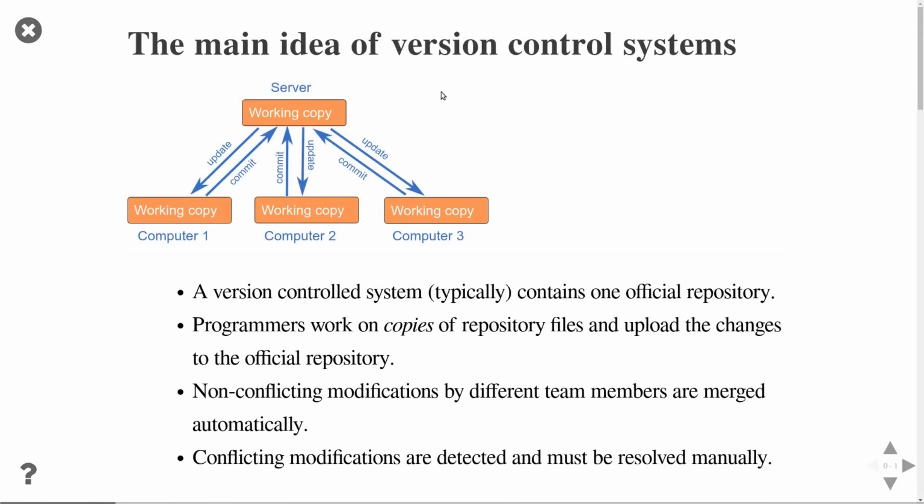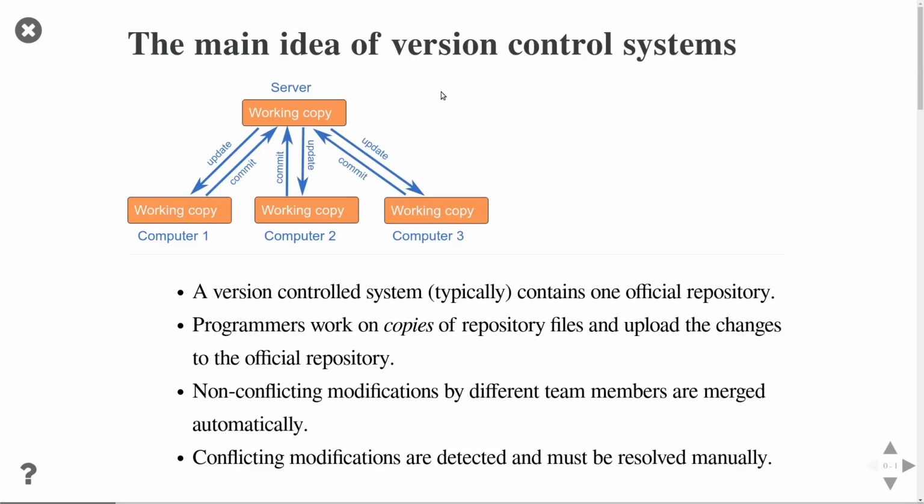Okay, so how do version control systems work? Essentially, the main idea is that you have your source code on a remote server. In our case, this will be GitHub. And you will have what is called a working copy of that source code.